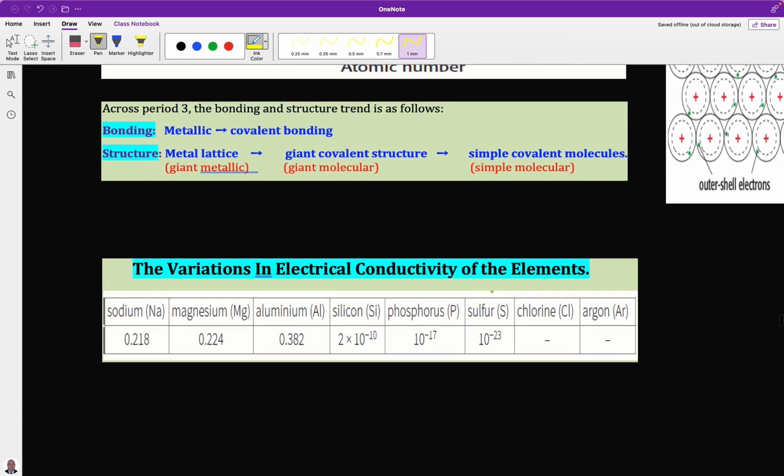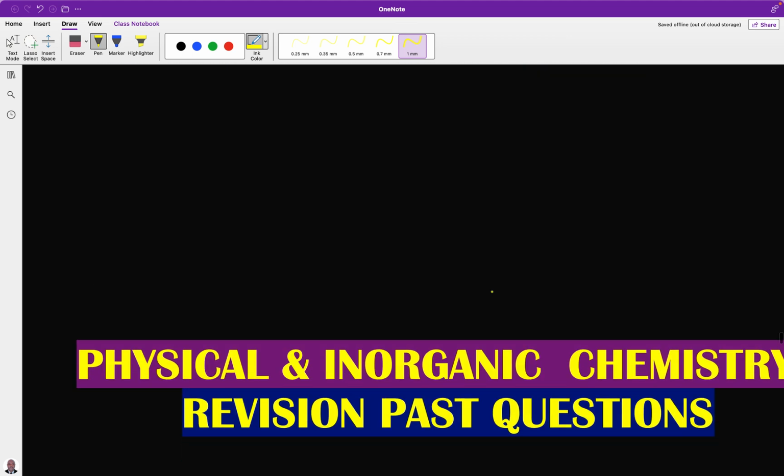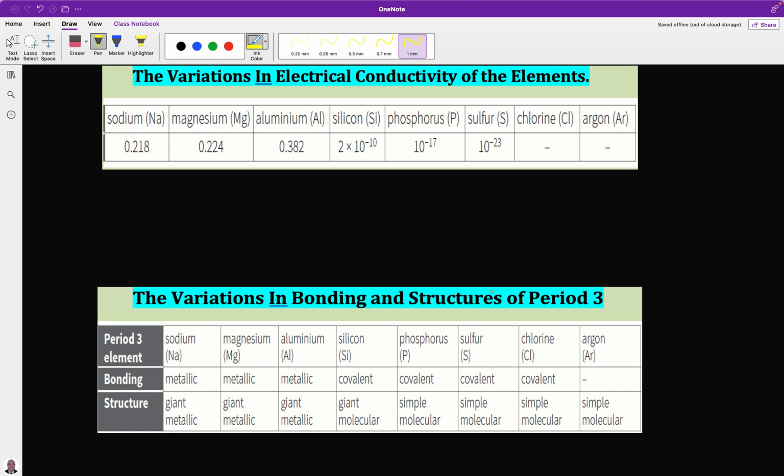Okay, we will go now to the last one, which is bonding in period 3. As we said, from sodium to aluminum is metallic.